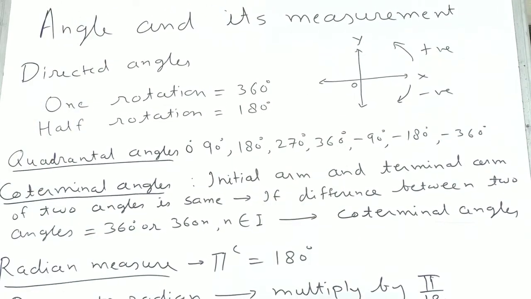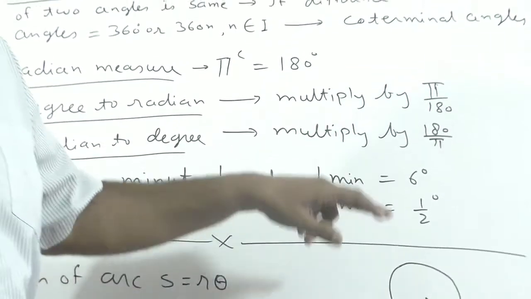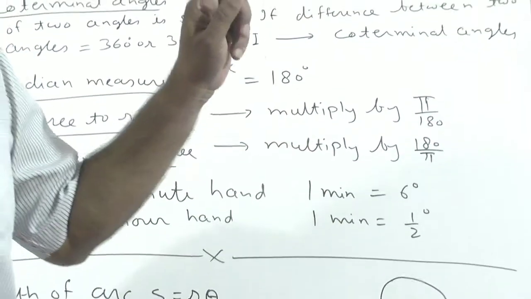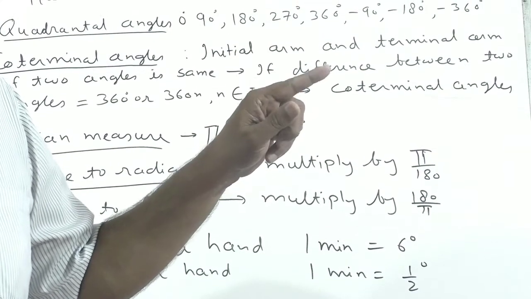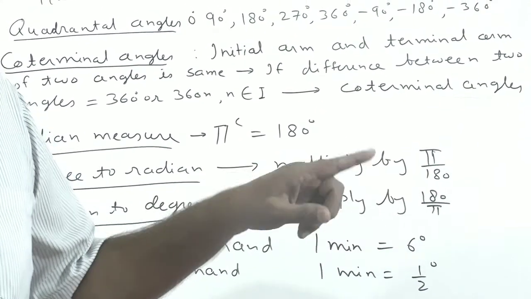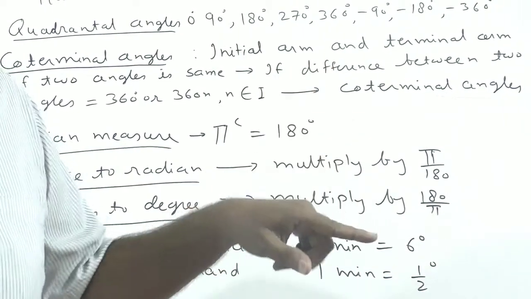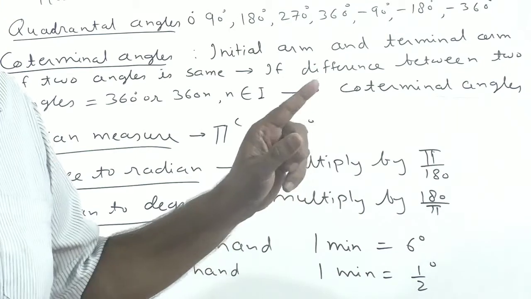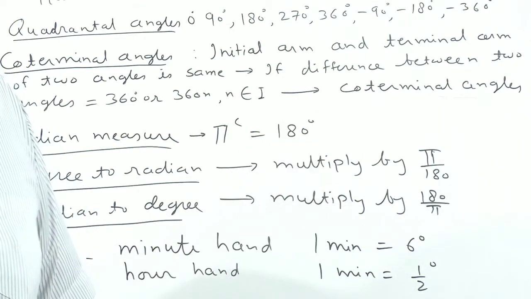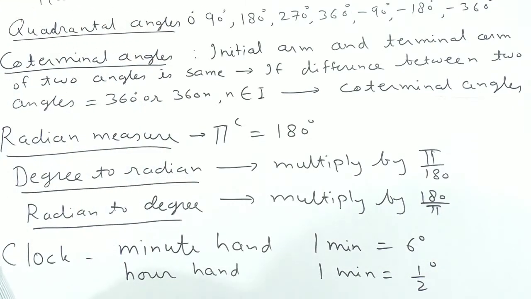So see here, the minute hand gives 6 degree for every minute. 1 minute it moves 6 degree, 2 minutes 12 degree, 15 minutes 90 degree. And side by side the hour hand also moves; for every minute it moves half a degree. This is really important while calculating the angle between two hands.